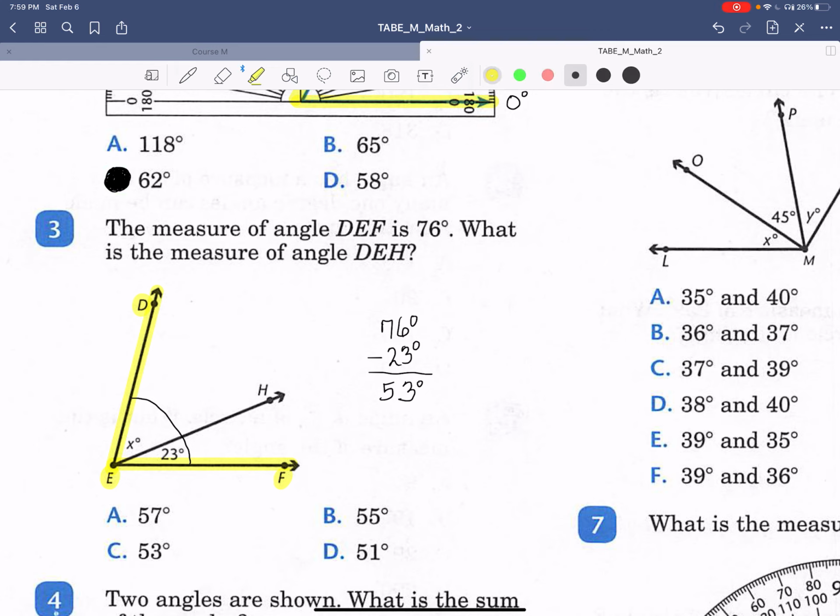So let me just be sure that you're with me here. If this angle is 23 and the entire thing is 76, I would subtract to get the 53. That would be angle X. So this one is C.